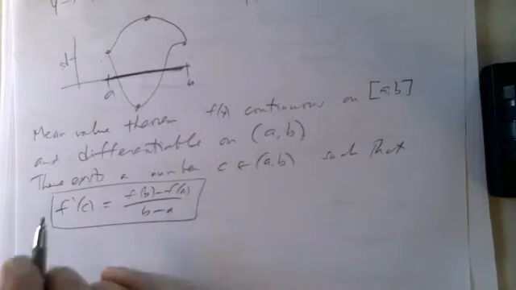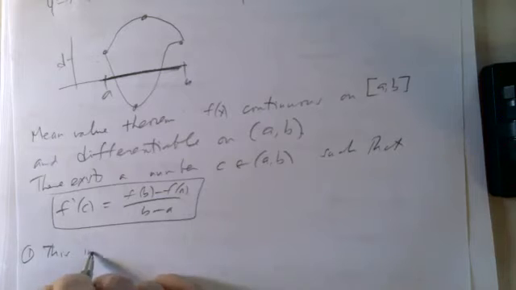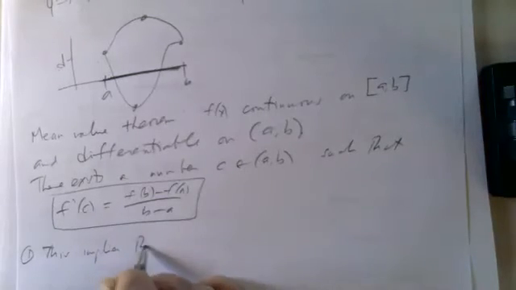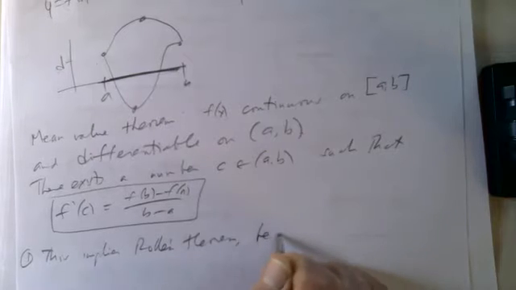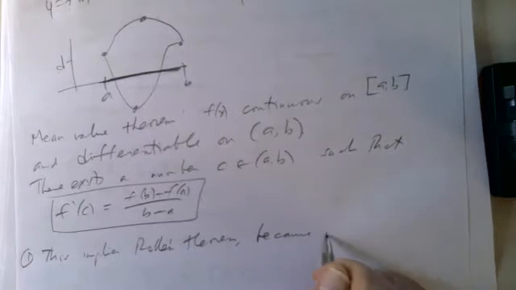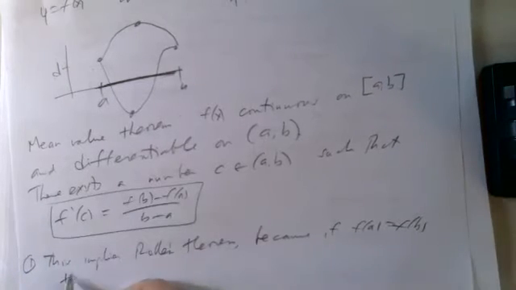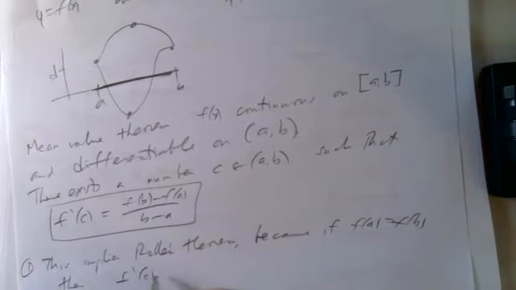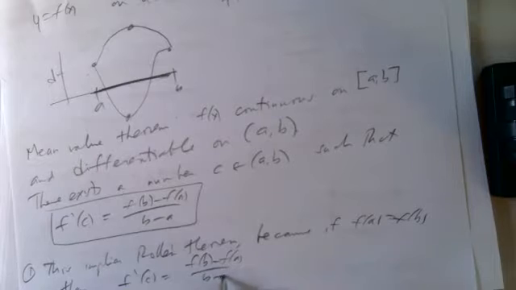So first of all, notice this implies Rolle's theorem. Because if f of a equals f of b, then f prime at c is f of b minus f of a over b minus a.